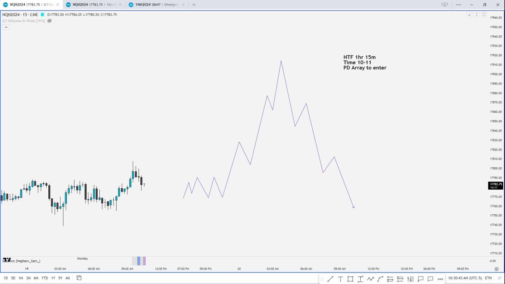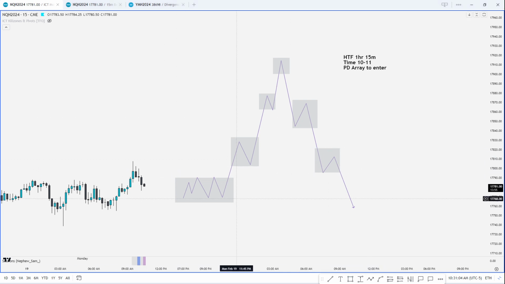Second section is, okay, where are we in the MMXM? We could be at the original consolidation. There's about 6 different areas. I'd say original consolidation, first stage accumulation, second stage accumulation, the SMR, first stage distribution, and second stage distribution.